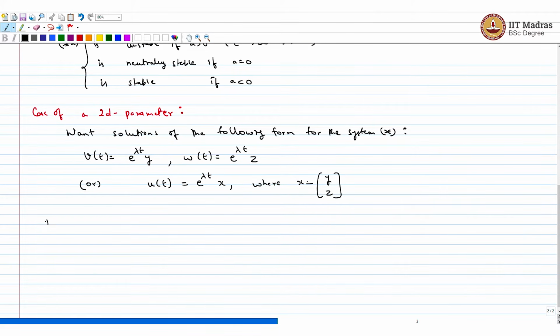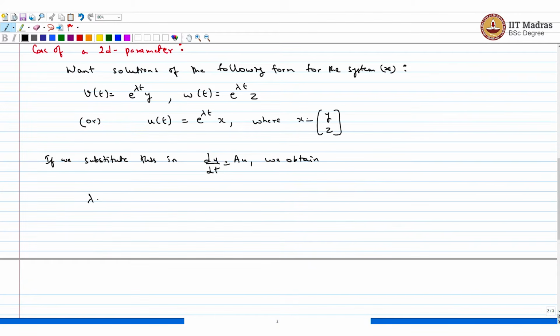Now, if we substitute this in du by dt equals Au, we get, you just substitute in the two equations that I had before, which is lambda e power minus lambda t y equals 4 e power lambda t y minus 5 e power lambda t z, e power minus lambda t z equals the two equations that I had in v and w.